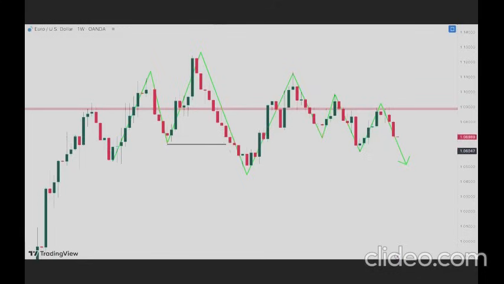The market is now taking bearish, taking downtrend, yeah.